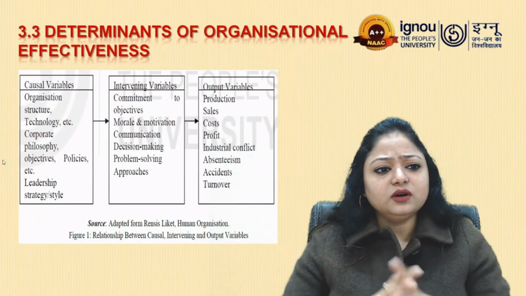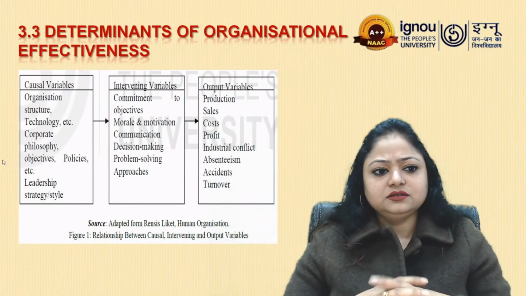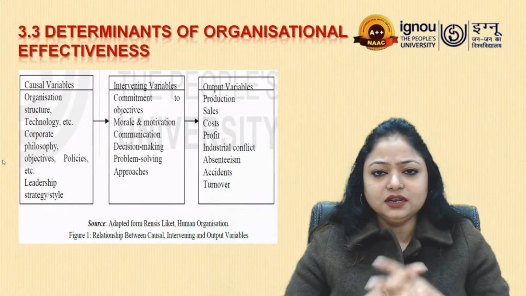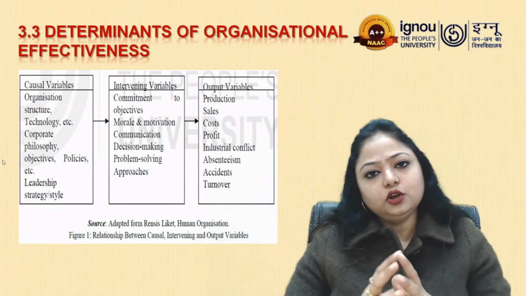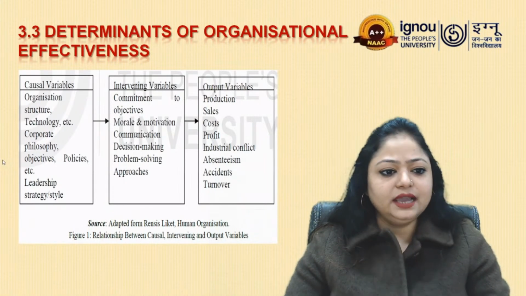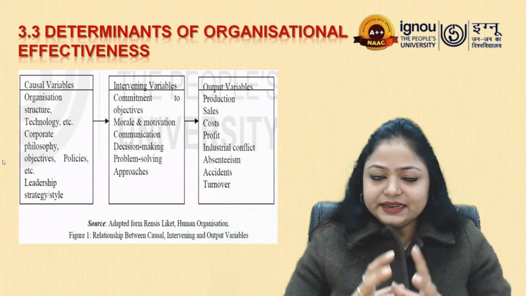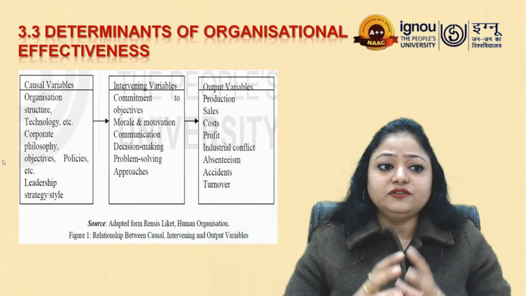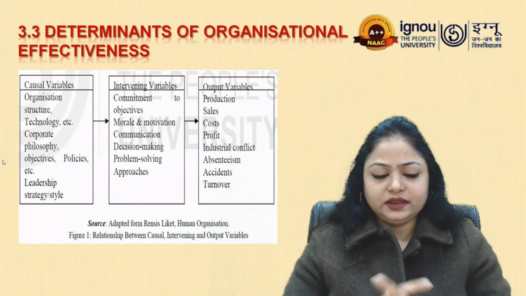Here we see that organizational structure, technology, corporate philosophy of the organization, top level management, objectives of the organization, policies, procedures, the leadership style, and the leadership strategy or management style are the various sub variables or factors which contribute to the causal variables in the organization.